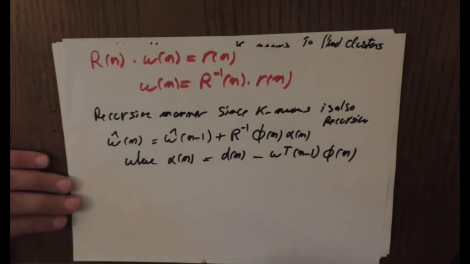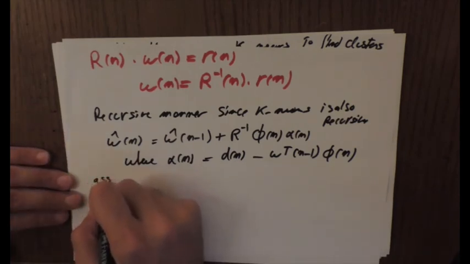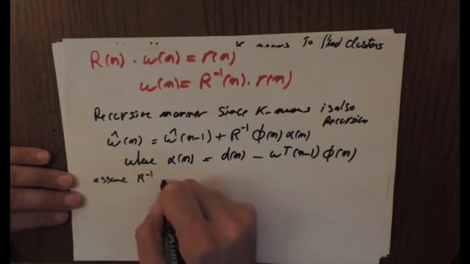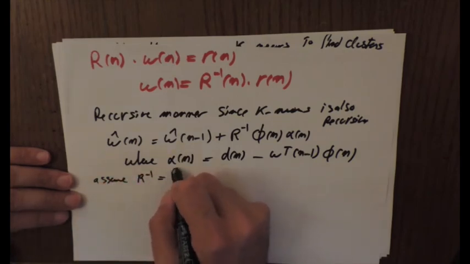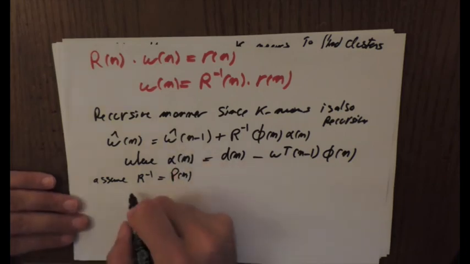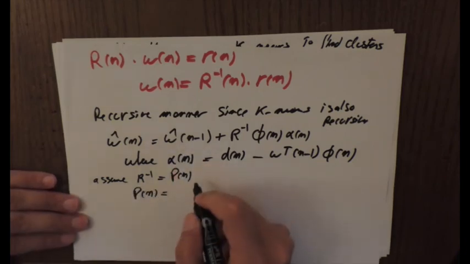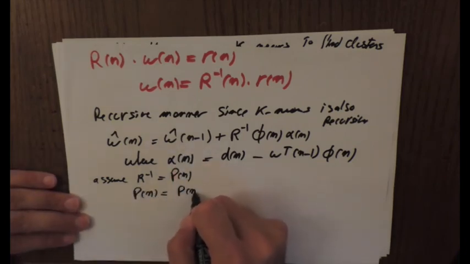So we want to find R minus 1. Recursively, let's assume R minus 1 is equal to P of n. For simplicity, we're going to say P of n is equal to P of n minus 1.